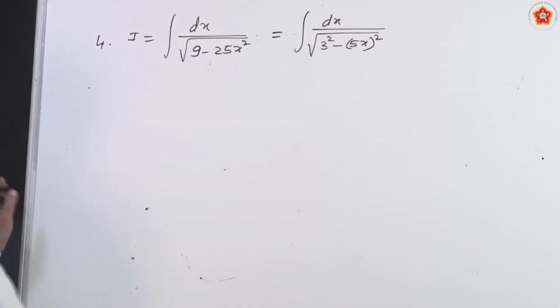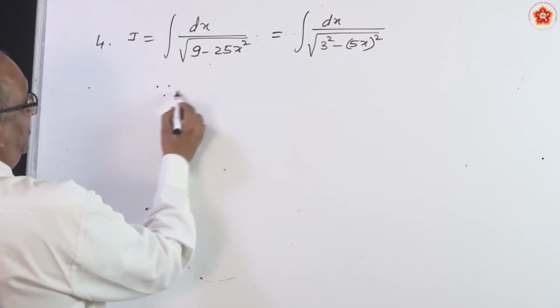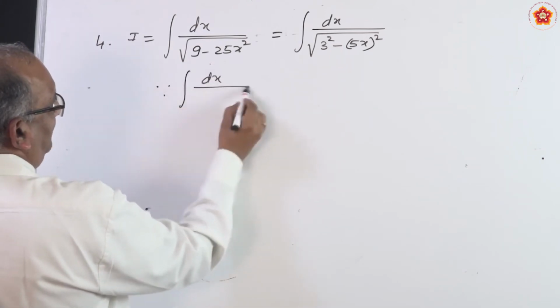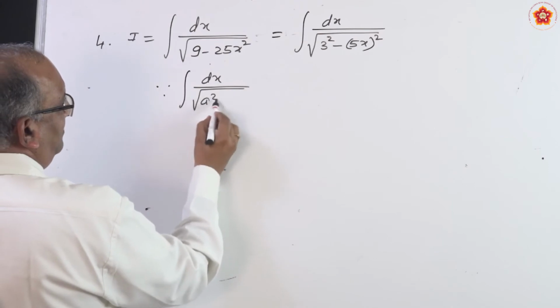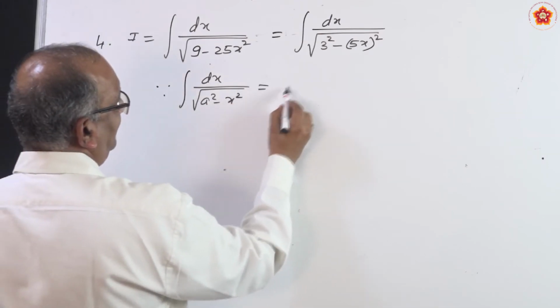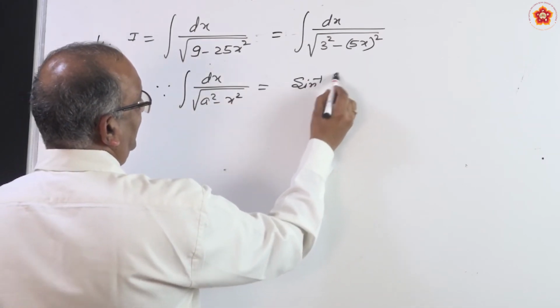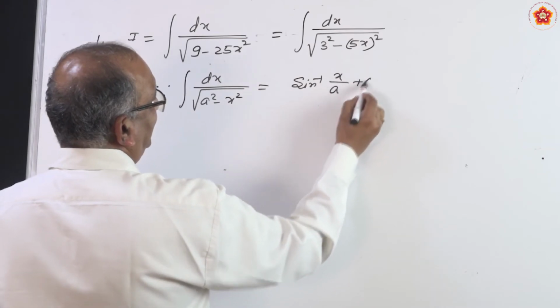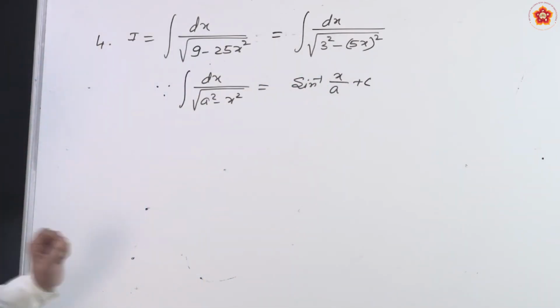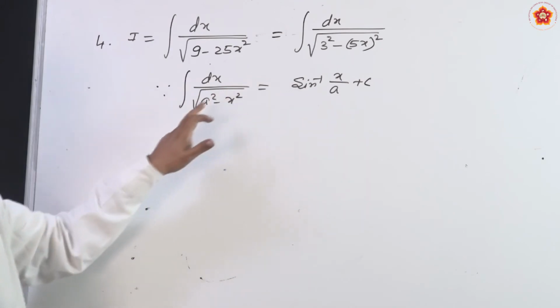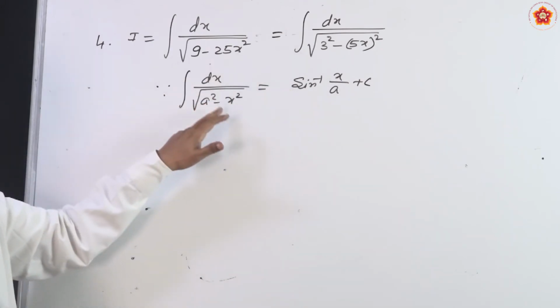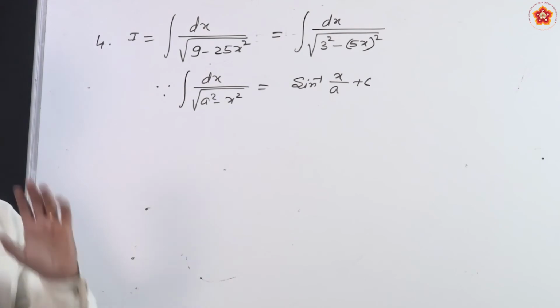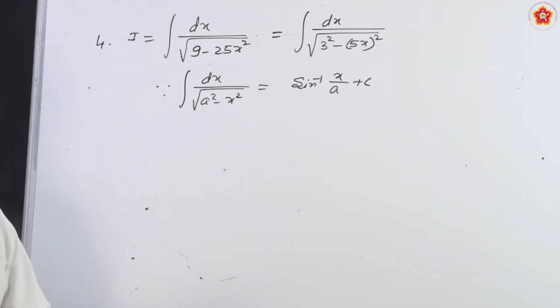You already know a formula. You know that the integral of dx upon under root of a square minus x square is equal to sine inverse x by a plus c. Use this formula. Only thing is, in place of a we have 3, in place of x we have 5x. We cannot have 5x, we have to convert in terms of t.